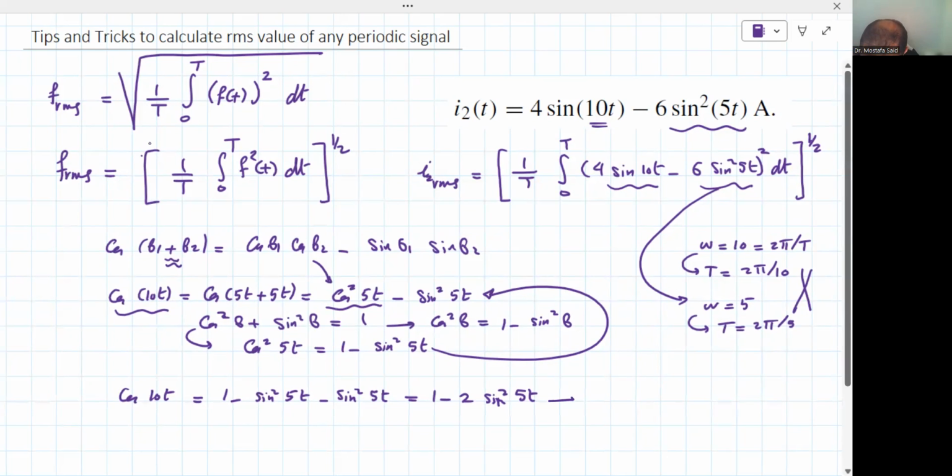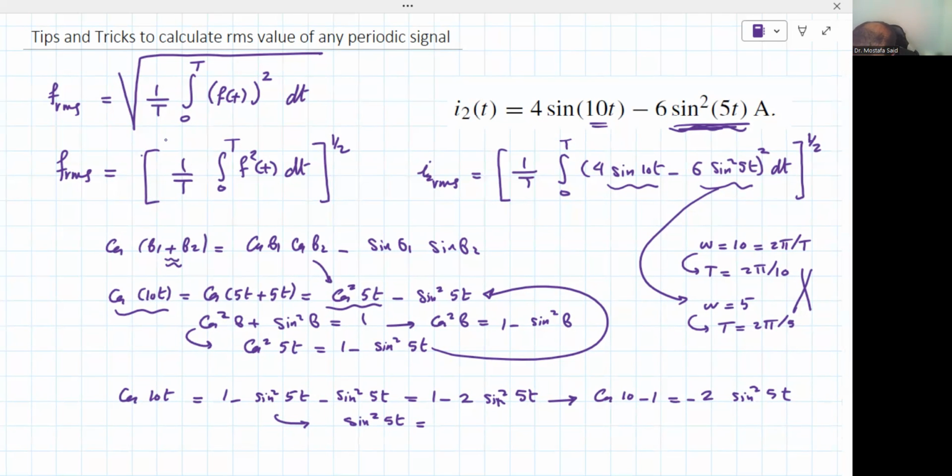And from that, cosine 10t minus 1 equals minus 2 sine square 5t. Finally, we can say that sine square 5t equals, dividing by minus 2, half minus half cosine 10t.